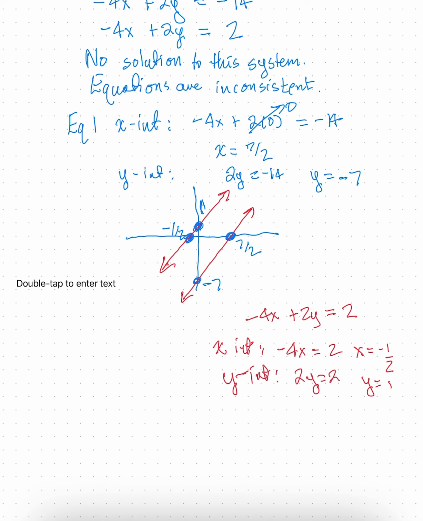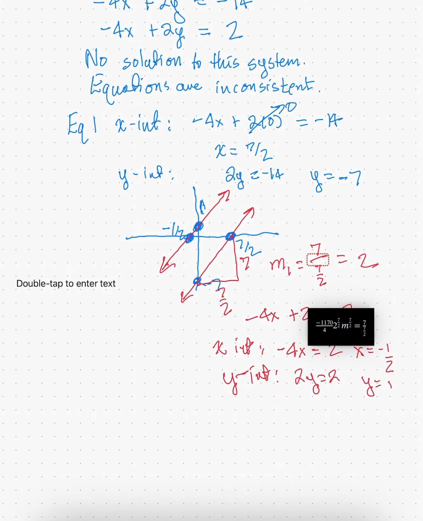And if we do that, we would recognize very quickly that these 2 lines have the same slope. This one goes over 7 halves and up 7, like so. So this is 7, this is 7 halves. And the slope of this line, that's line 1, we would say that is 7 divided by 7 halves, which is going to just be 2.